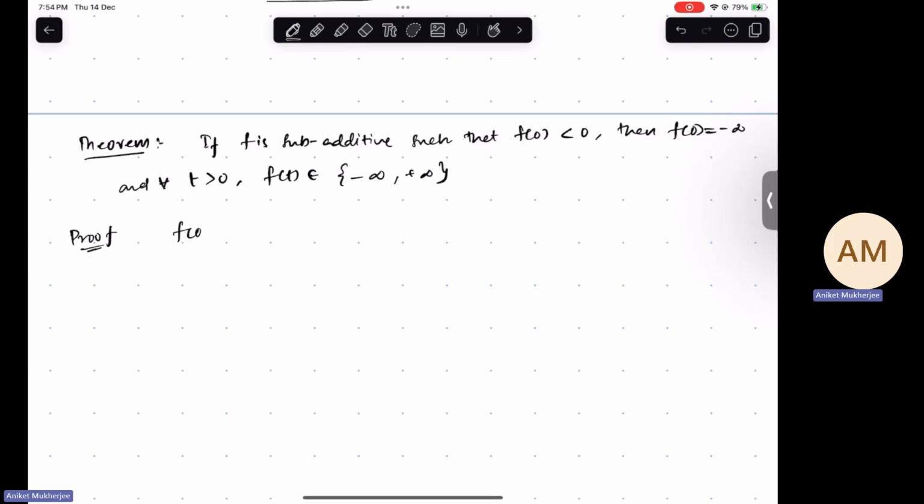So let f0 less than 0. Right. Then f0 plus 0 is less than or equal to f0 plus f0.